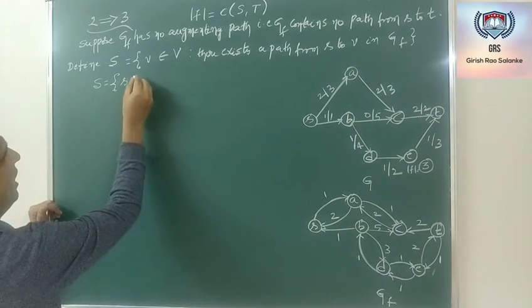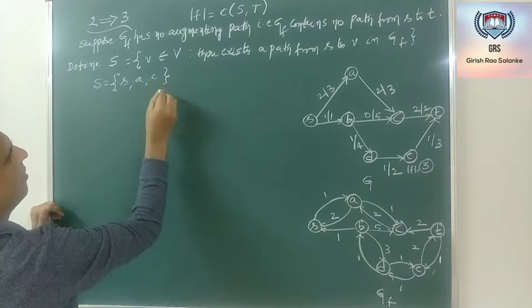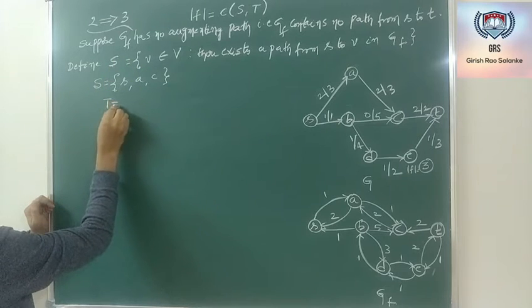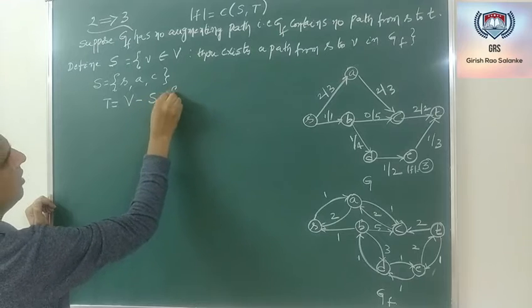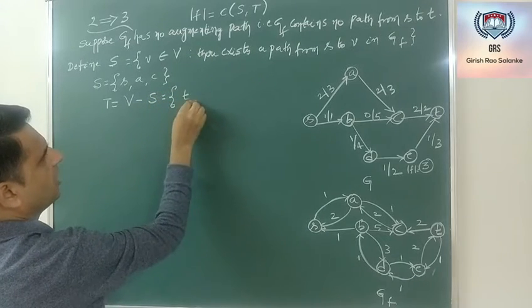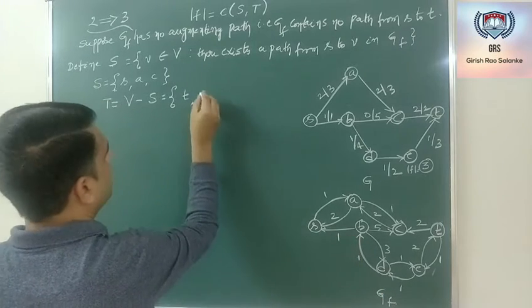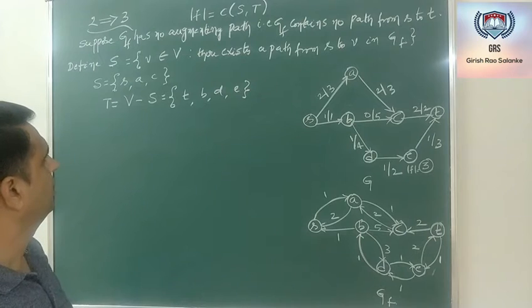So my S will have S, A and C. Now let me define one more set T as V minus S. So this is nothing but T terminal and then the other vertices B, D and E.